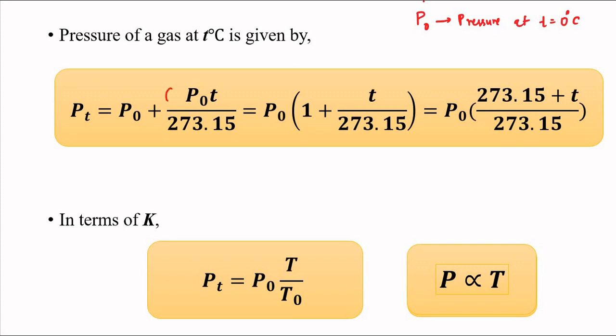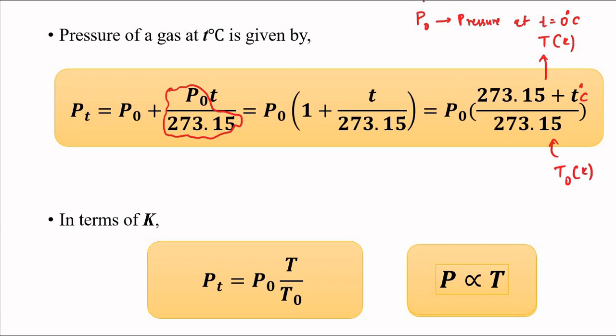Here this 1 by 273.15 into P0 is multiplied with t, the specific temperature expressed in Celsius. So it is given by P0 into 1 plus t by 273.15. Again, 273.15 plus t in degrees Celsius gives us the temperature in Kelvin, and this is the temperature at 0 degrees Celsius expressed in Kelvin.